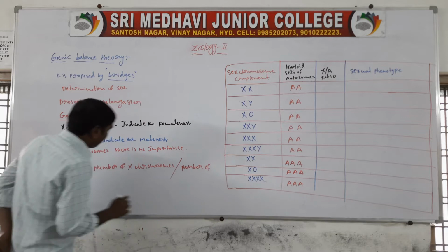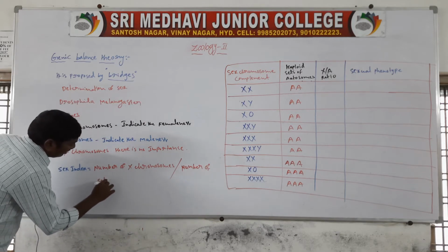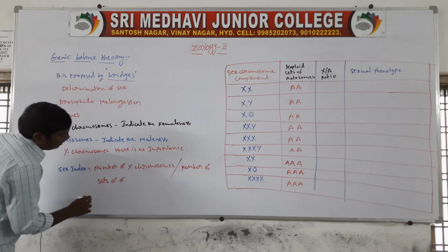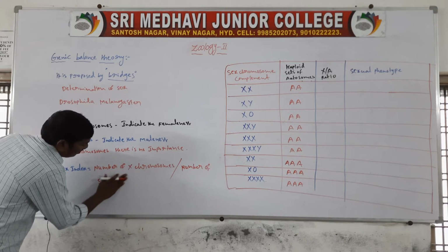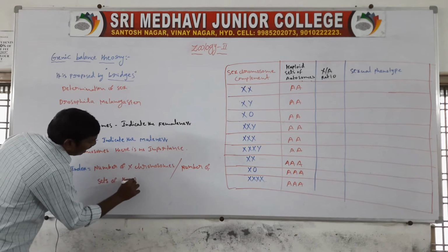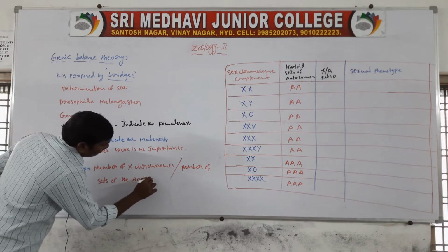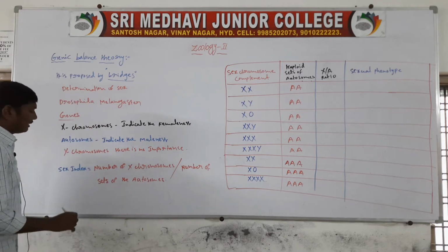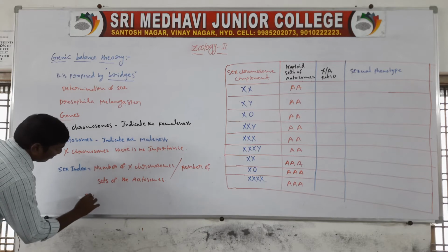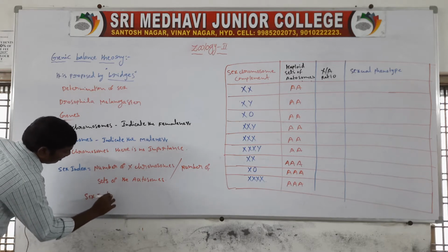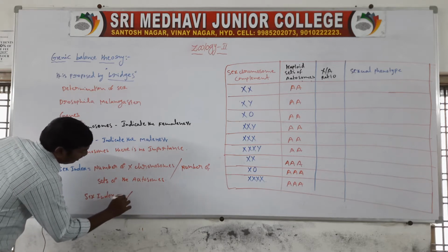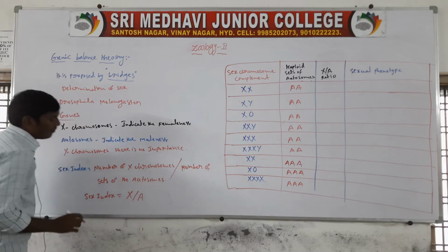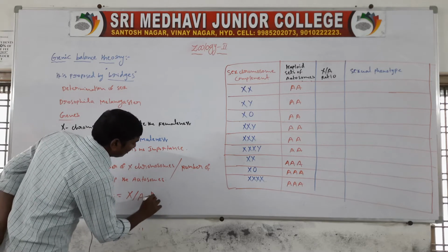Number of sets of the autosomes. The sex index is equal to the X by A ratio.